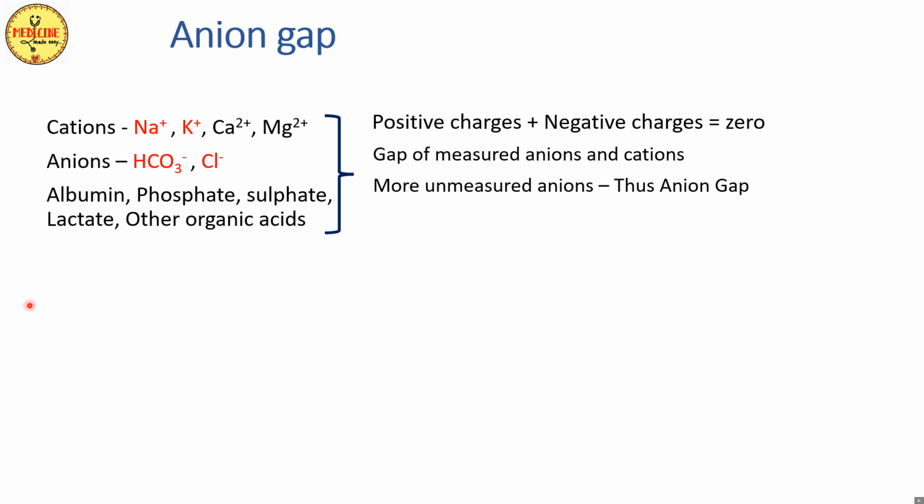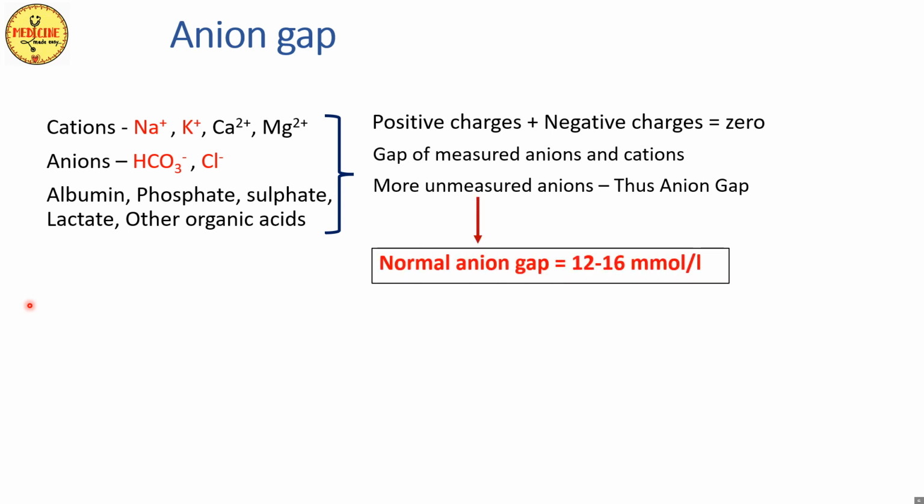Because of this, our body has a normal anion gap, which would be 12 to 16. Now different conditions of acidosis, mainly metabolic acidosis, result in acids forming negative ions which could be measured or which cannot be measured. So based on this, you have two entities: high anion gap and normal anion gap.